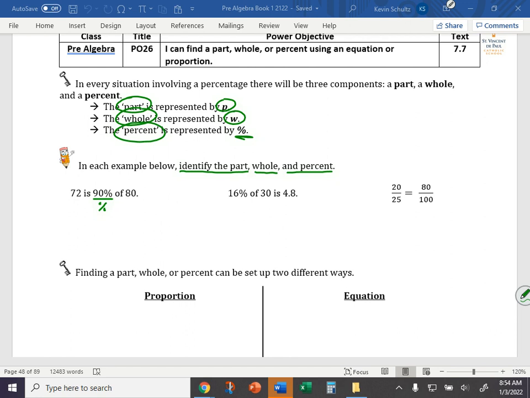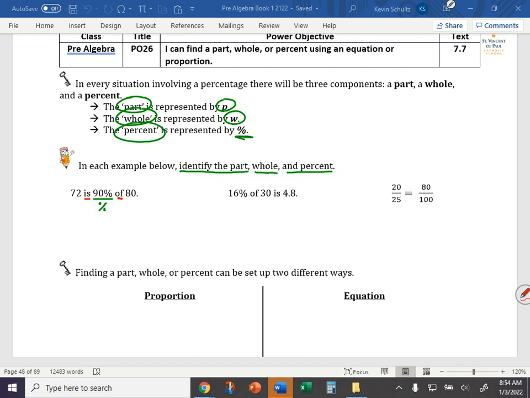Okay, Camille. You could probably find it out because it says 72 is and of 80. Yeah, our key words are is and of. What Lexi said is also correct. We have a percentage that's less than 100, so the smaller number will be the part.